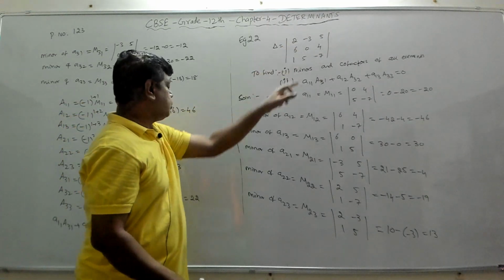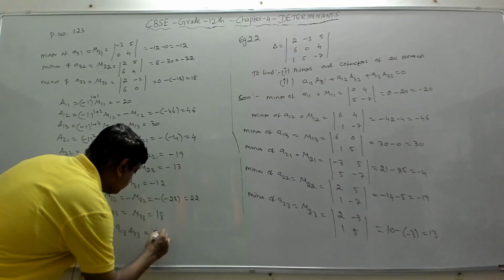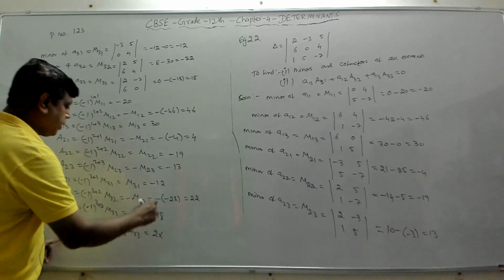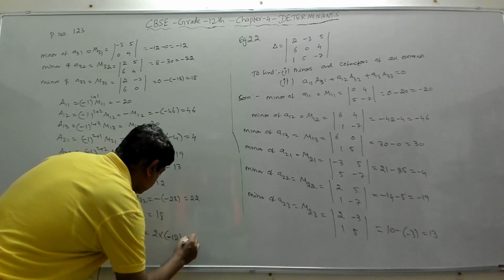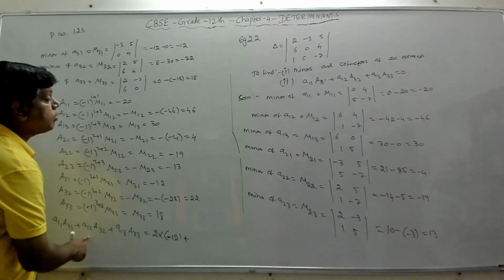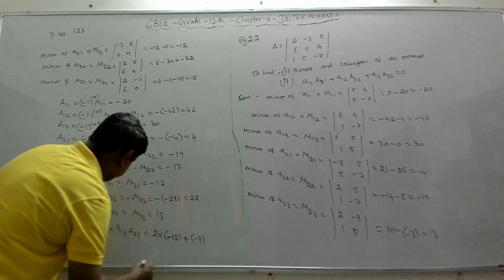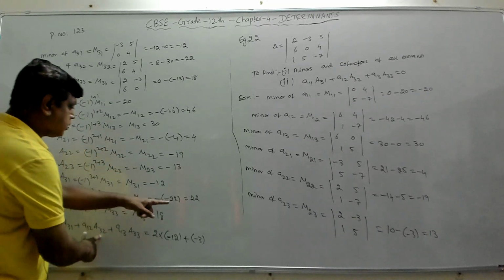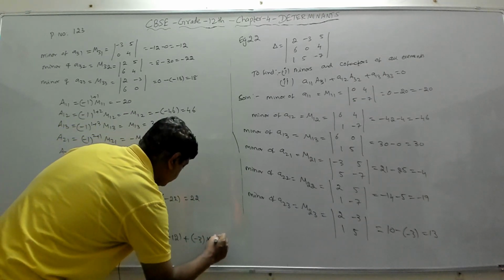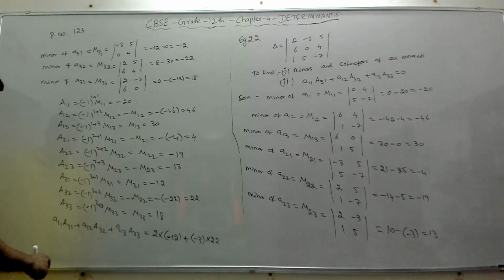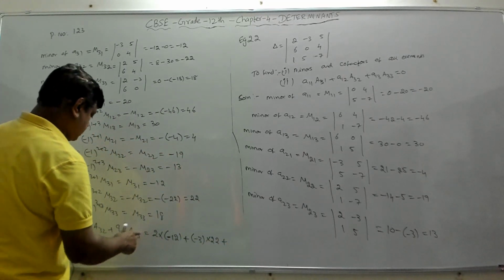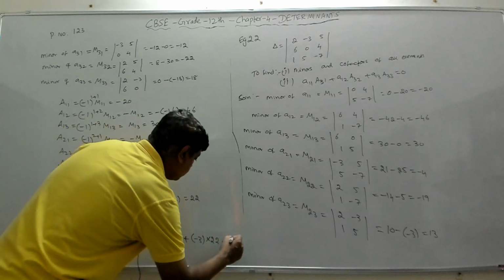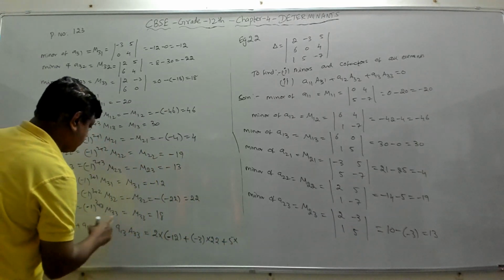That is this, which is 2, into capital A31, that is minus 12, plus A12. A12 is minus 3 into A32. A32 is 22. Fine. Plus A13. A13 is 5 into A33. A33 is 18.